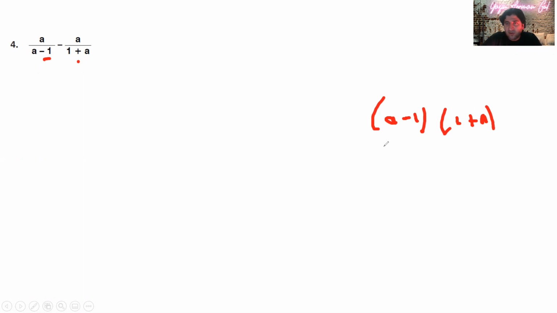So this is a difference of 2 squares, right? So this is same as this, because don't get confused, it's a plus 1. It's basically a minus 1 times a plus 1, because 1 plus a is same as a plus 1. Just keep that in mind.